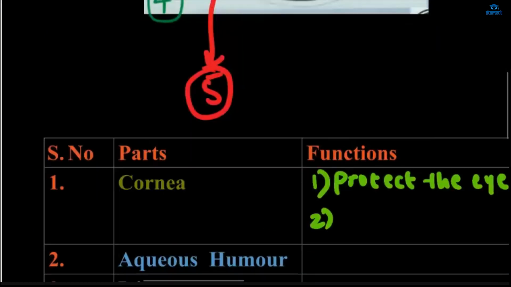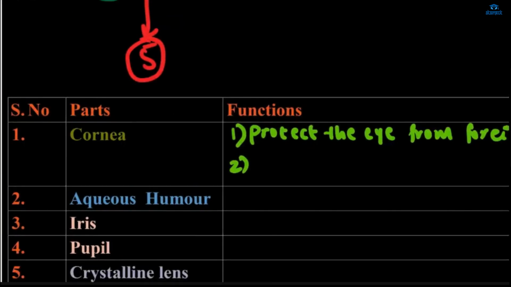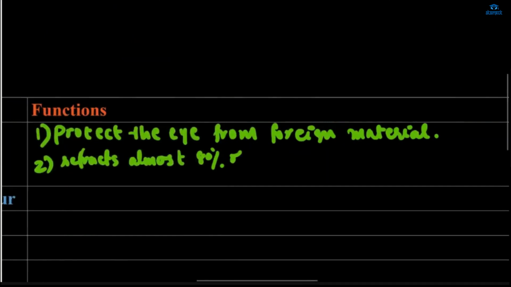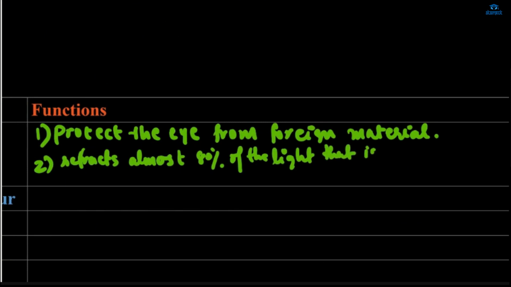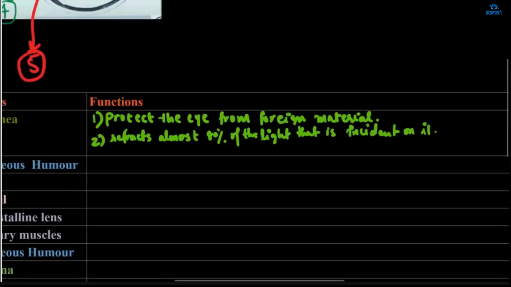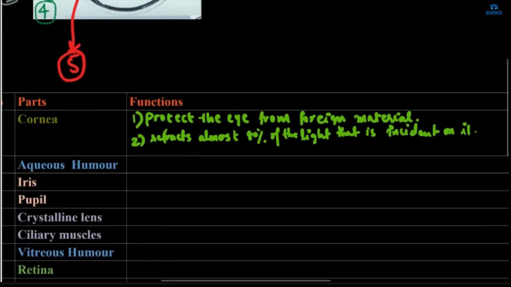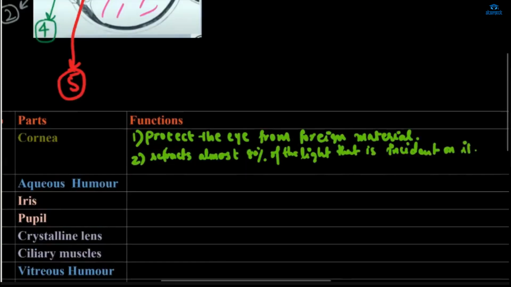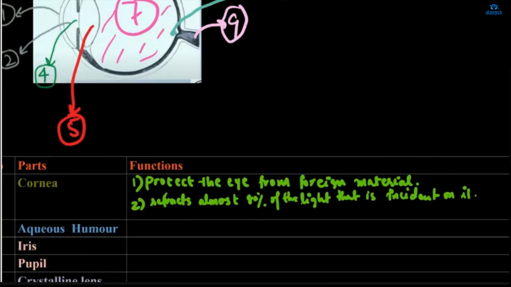So the second function is that it refracts almost 80% of the light that is incident on it. This is a very important function of the cornea, because the main refraction occurs in the cornea only.